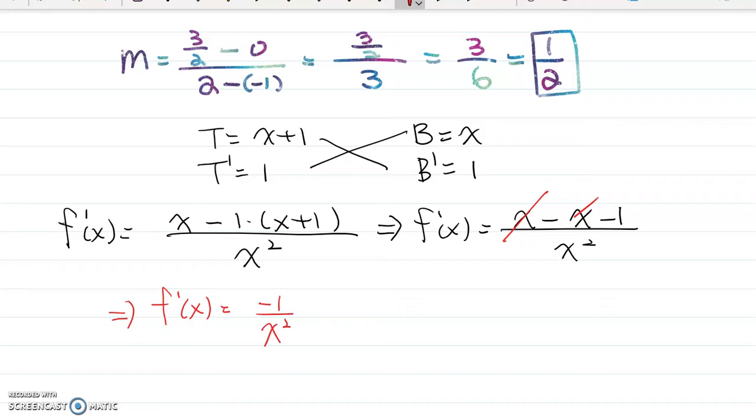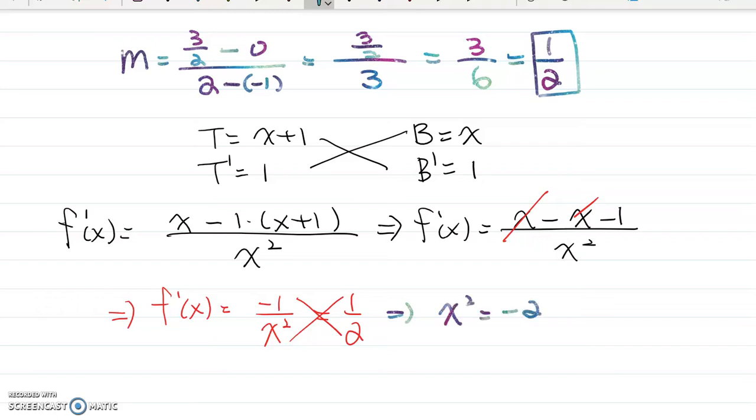Okay, now we want to find the slope equal to 1 over 2, right? So I'm doing cross multiply, then this becomes x squared equals negative 2.